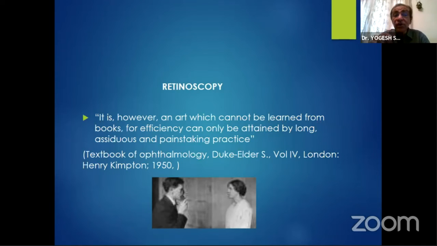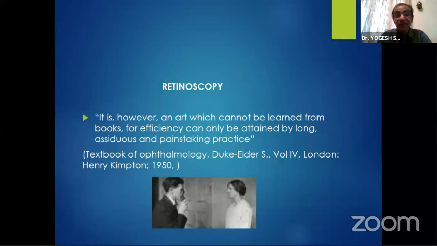Efficiency can only be attained by long, assiduous, arduous, and painstaking practice.